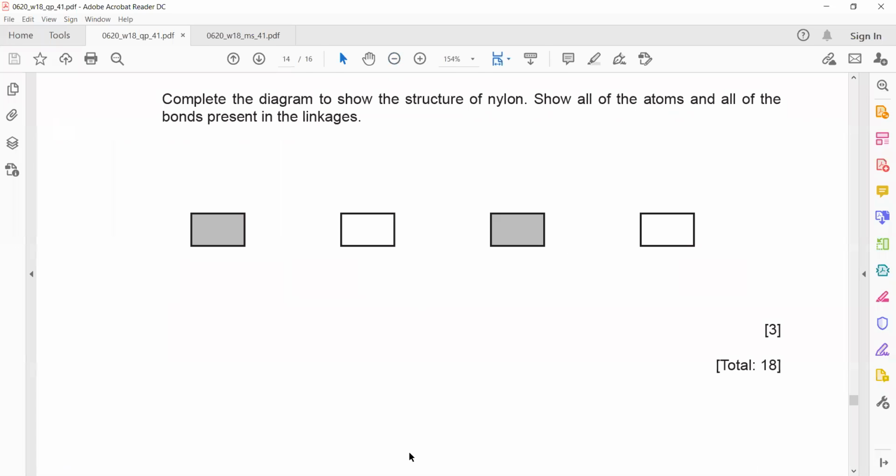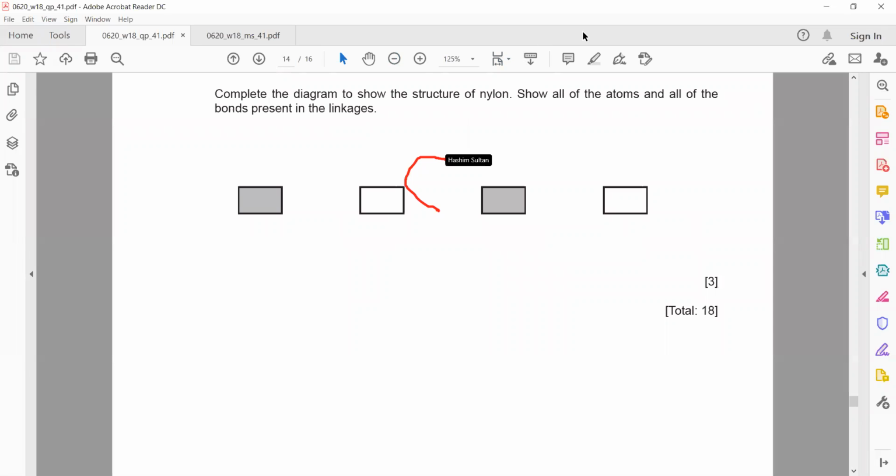So basically in nylon, the amide or peptide linkage means, I will draw it, just a minute. It contains C double bonded with O and N. Then again, if you remember what nylon is, nylon is a combination of a diamine reacting with a dicarboxylic acid.